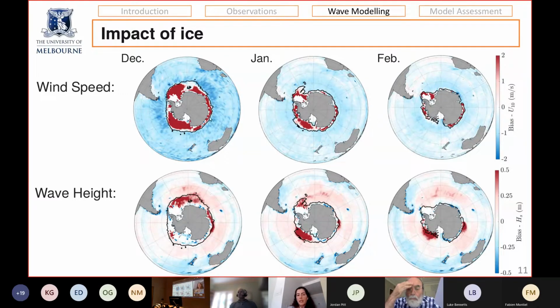So it was interesting here to see that the high biases of wind basically are bound within this edge of ice around Antarctica during all 3 months. And as you can imagine, these biases are passed to the wave model and to the significant wave height that we are getting out of it.